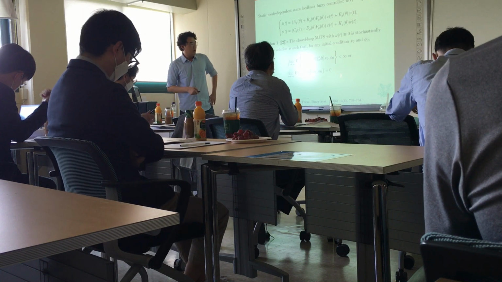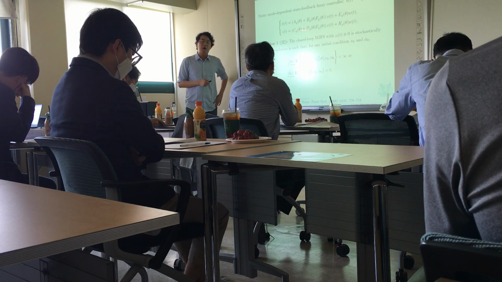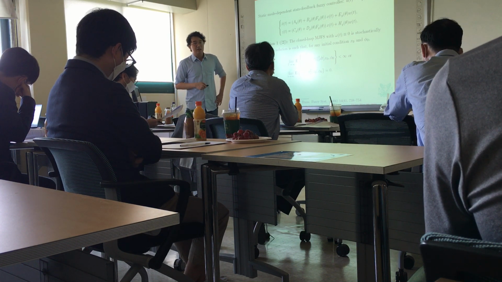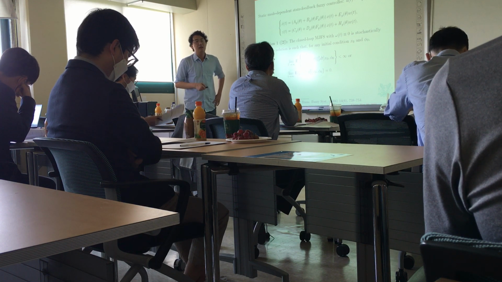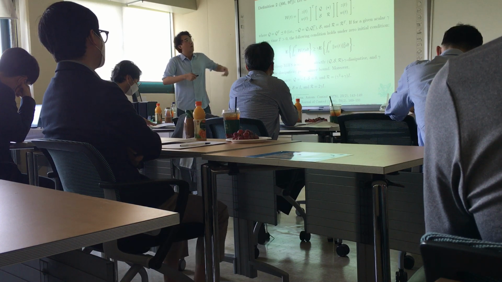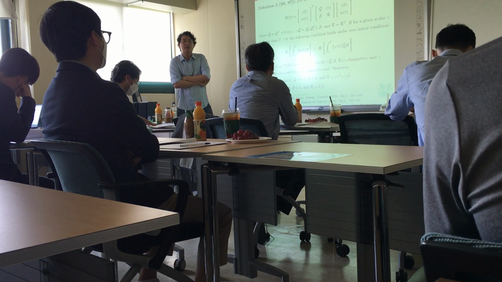Now we will review the definition of stochastic stability, that is, the solution of the Markov system converges to the origin in the mean square sense. Now we would like to introduce the dissipative performance.